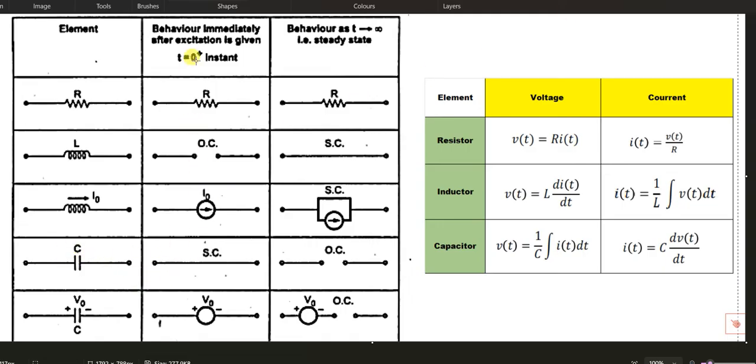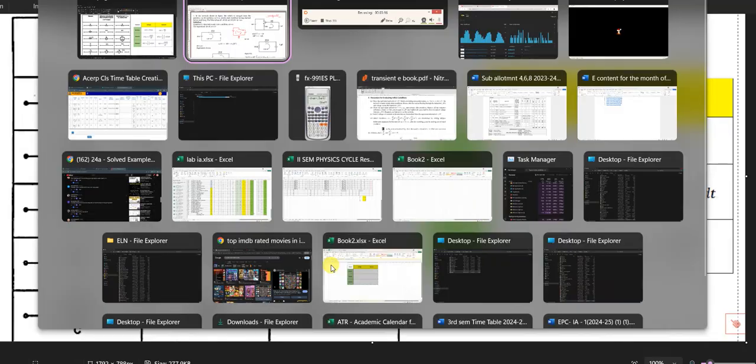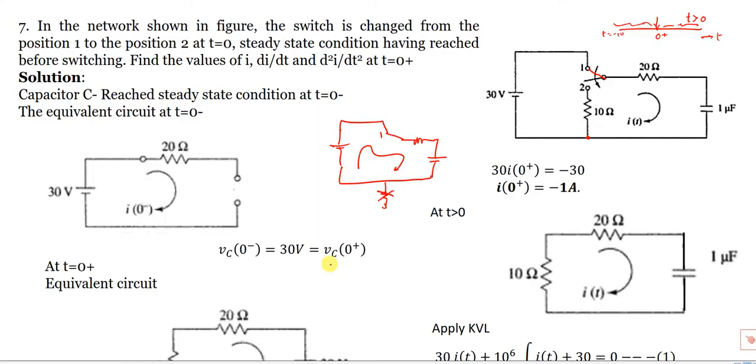At the instant, it acts as a short circuit, but in steady state, if you keep it connected for a long time, the capacitor will charge to the maximum value and no current will flow. It acts as an open circuit. I already explained this in the last problem.